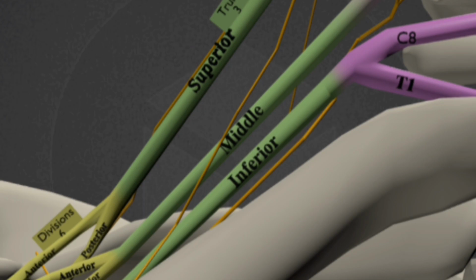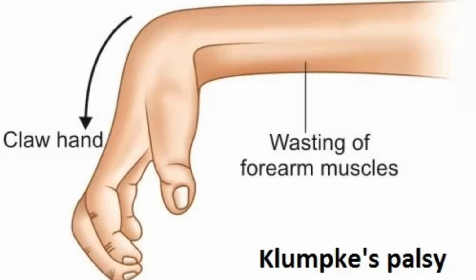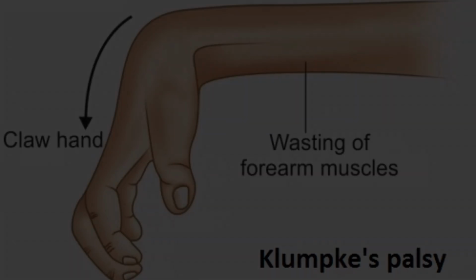Here you can see mainly T1 and partially C8. The muscle paralysis of intrinsic muscles of hand and ulnar flexors of wrist and fingers, you will be learning more in your later classes. And the deformity here we can see is claw hand. So the fingers are in a position of claw hand.